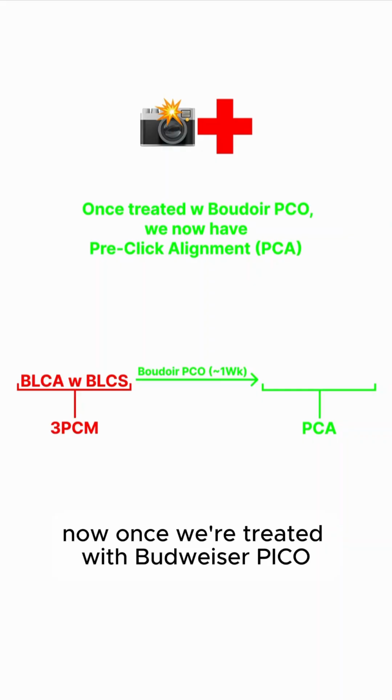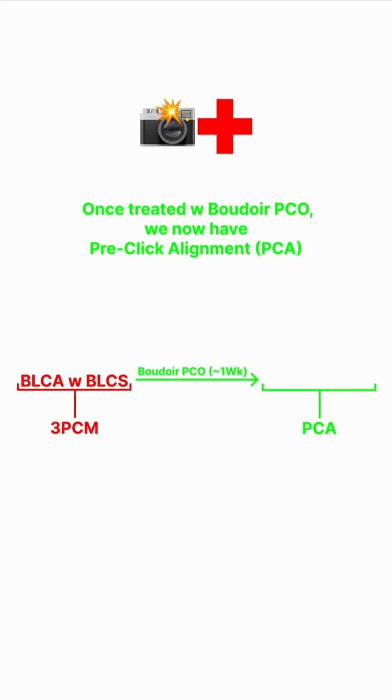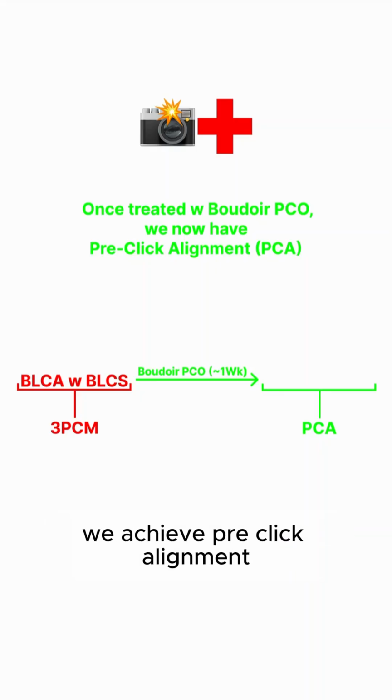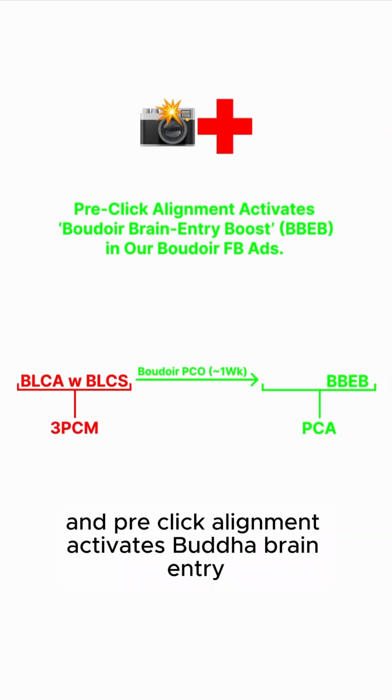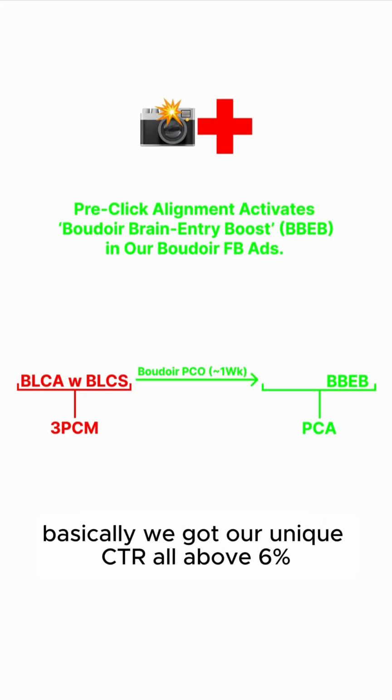Now, once treated with Boudoir Pico, we now have pre-click alignment, PCA. So we got rid of the 3 pre-click mistakes. We achieve pre-click alignment, and pre-click alignment activates Boudoir brain entry boost in our Boudoir Facebook ads. Basically, we got our unique CTR all above 6%.